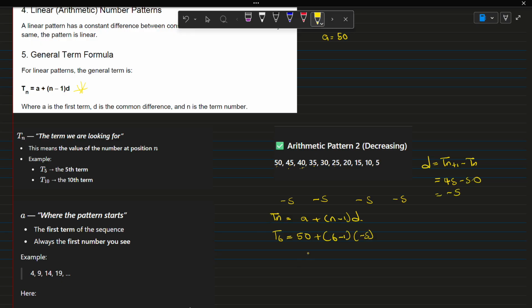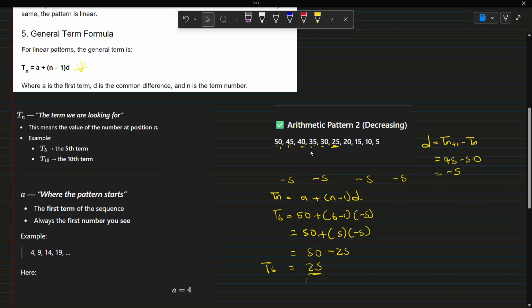So we have 50 plus 6 minus 1, which is 5, multiplied by negative 5. That gives 50 minus 25, which is 25. That is term 6. If we look at the pattern, term 1, term 2, up to term 6, we can see that we got 25.